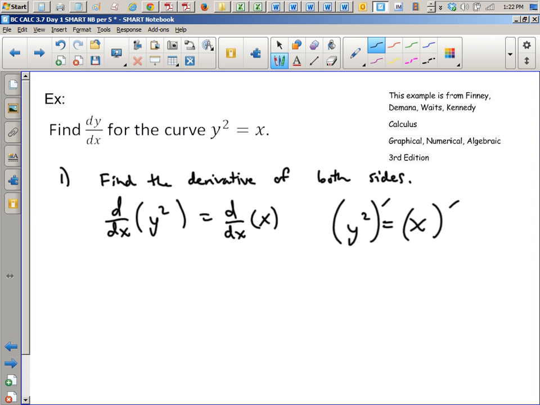So what would be the derivative of x squared? 2x. But what's the derivative of y squared with respect to x? It's not 2y, it's 2y times the derivative of the inside being y.